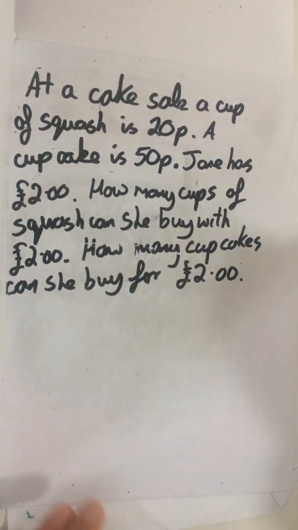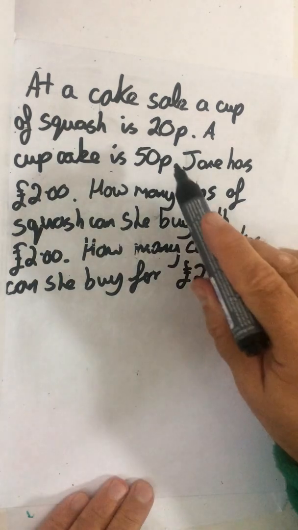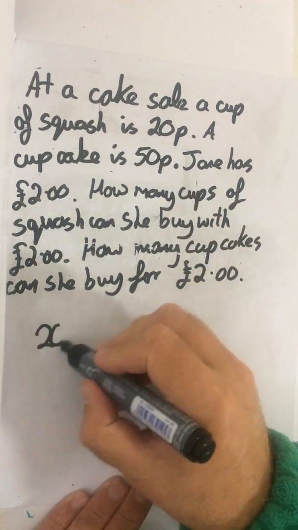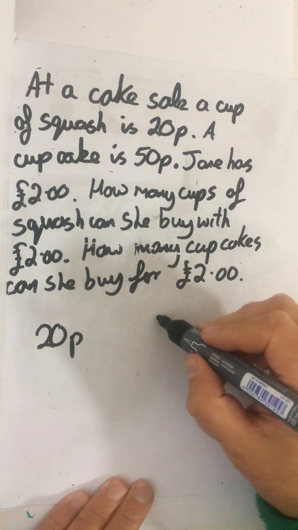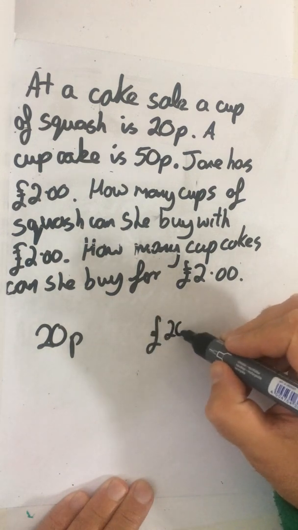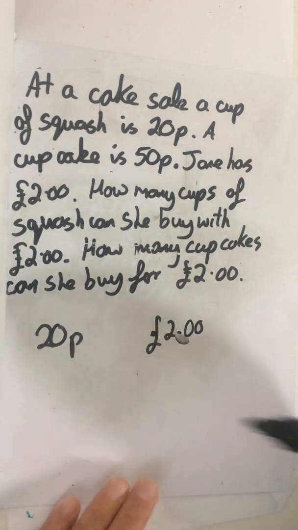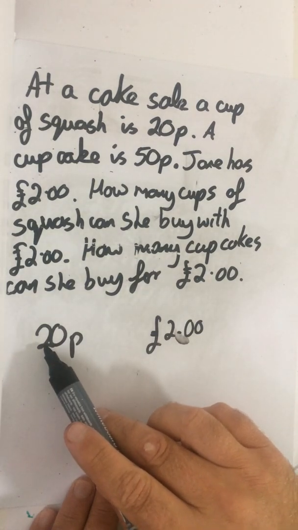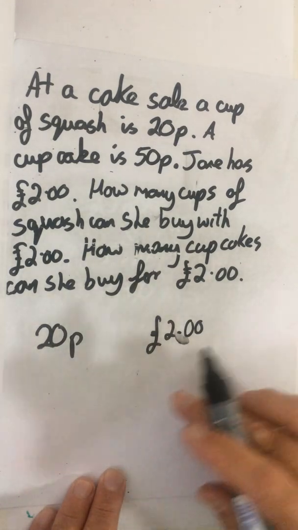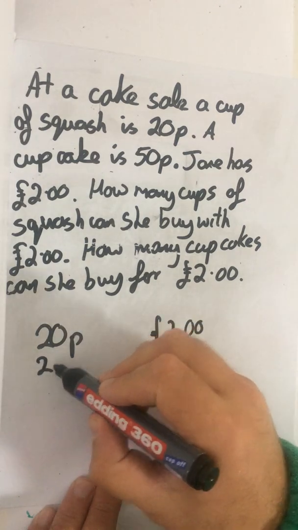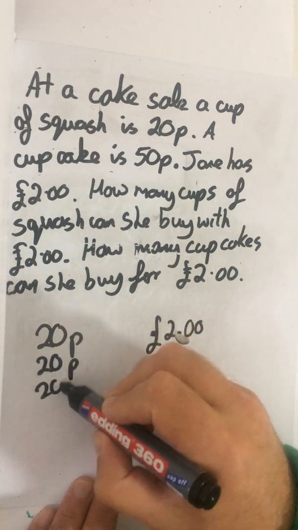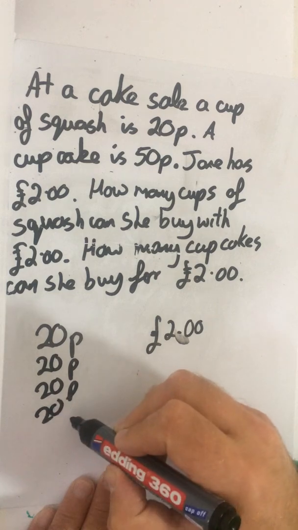Right, let's have a little look. So, squash is 20p, and she has £2, doesn't she? So, one way we're looking at it, we can say how many 20p go into £2. So we can do that kind of adding them up, can't we? 20p, add 20p, add 20p, add 20p.